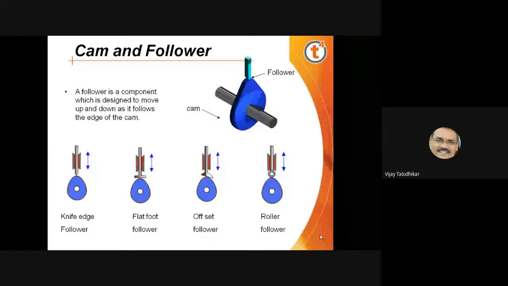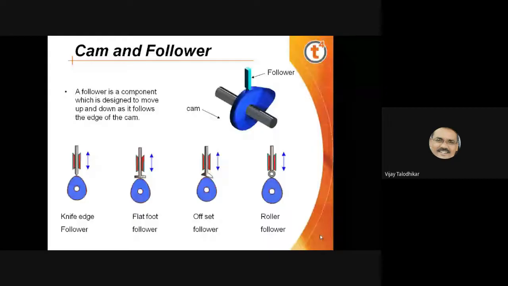Now we are discussing the different shapes of the follower. The first is the knife edge follower. The second one is the flat face follower. The third one is a roller follower.